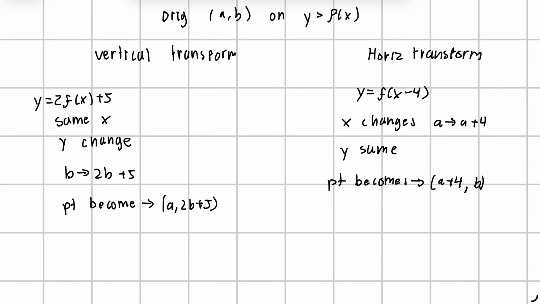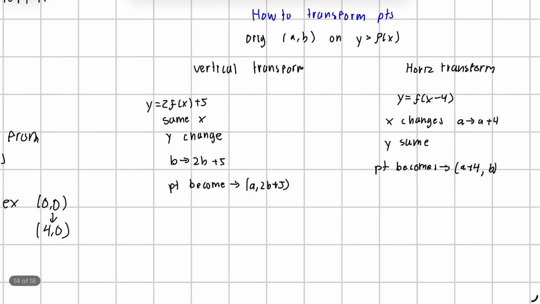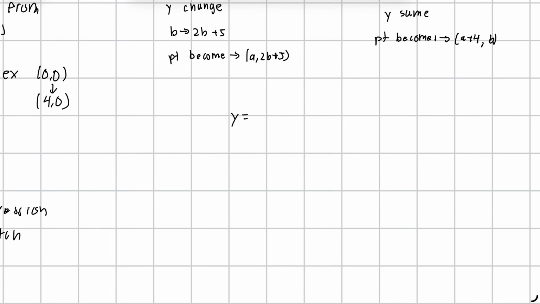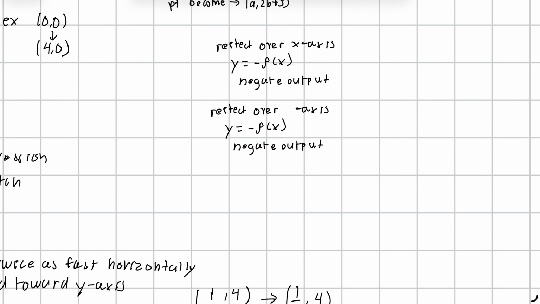Now, if you have, again, reflection over x, that's y equals negative f(x), this is going to negate your output over the x-axis. Now, what about over the y-axis?